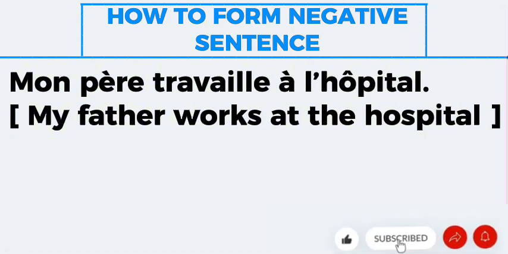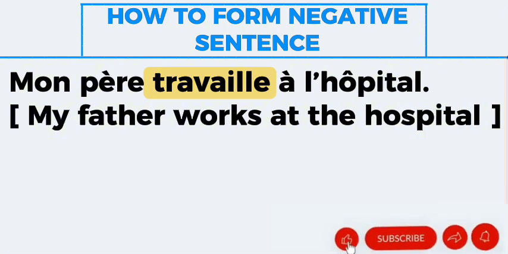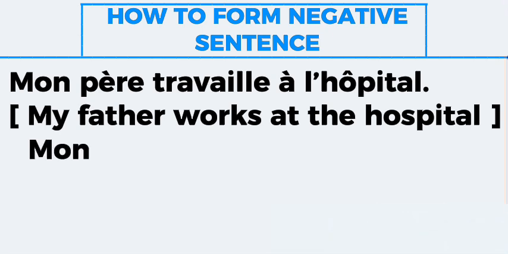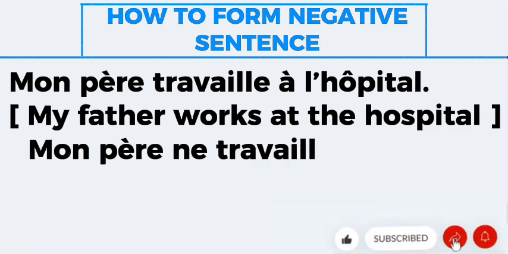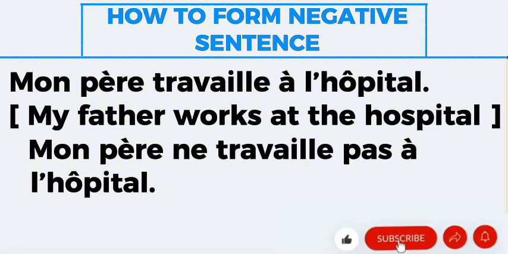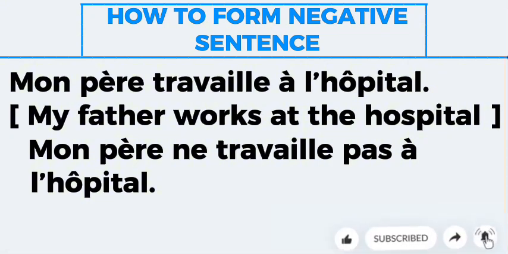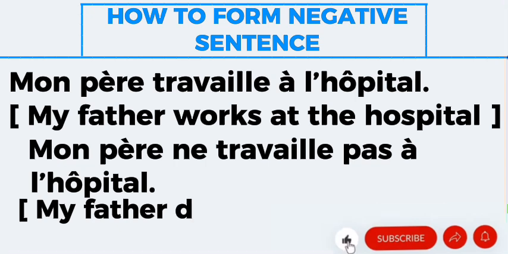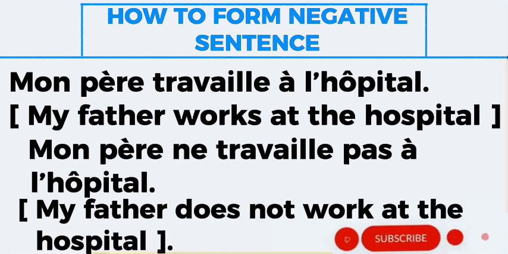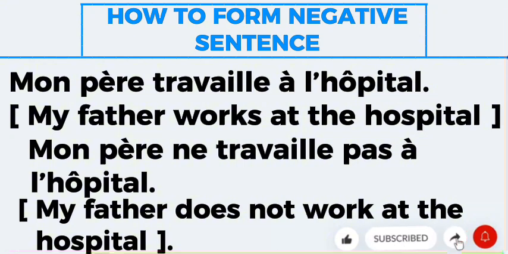To form a negative sentence out of this, you have to fix the verb in this sentence, which is travaille, in between ne and pas. And then you have mon père ne travaille pas à l'hôpital. And this means my father does not work at the hospital.